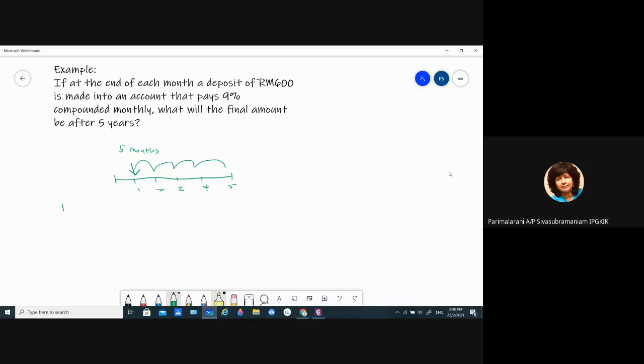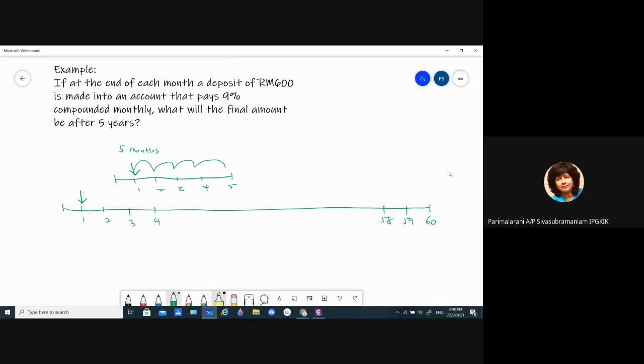Now you are making payments for 5 years. So this is 1 month, 2 months, 3 months, 4 months, up to 58, 59, 60. 60 months you're going to make this payment. Your first payment is at the end of the first month.